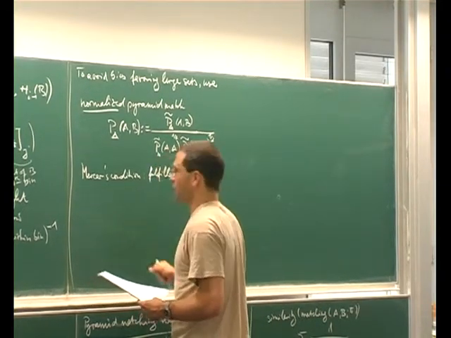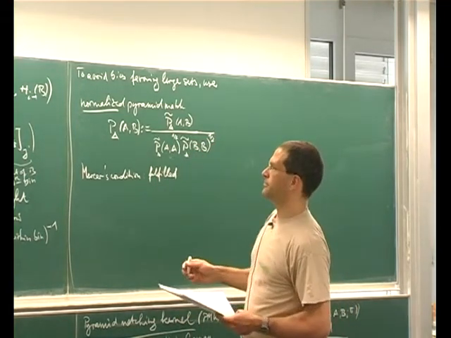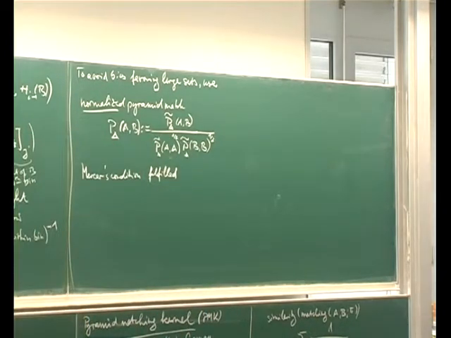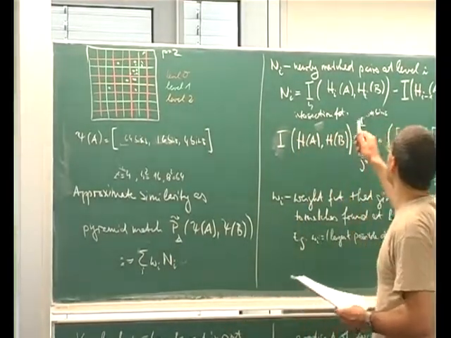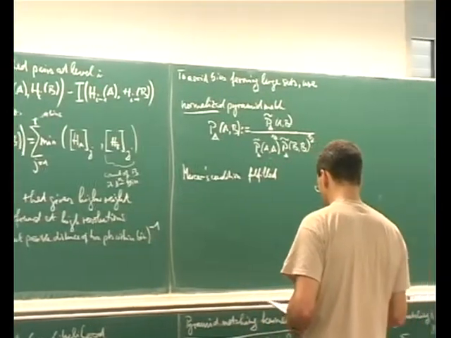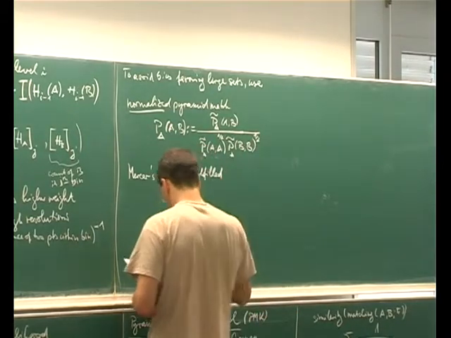So you see that the pyramid match, the unnormalized one, is a combination of newly matched pairs. So this can be rewritten as follows.